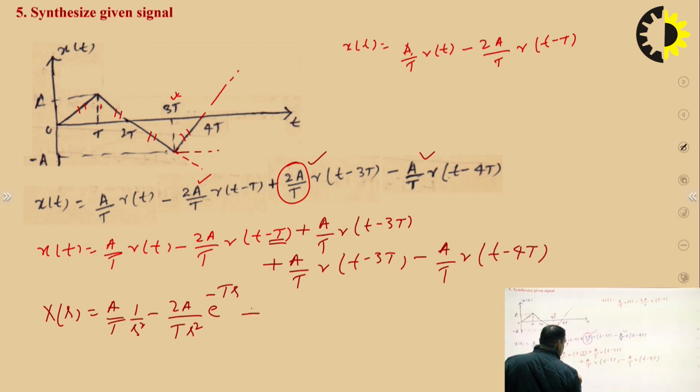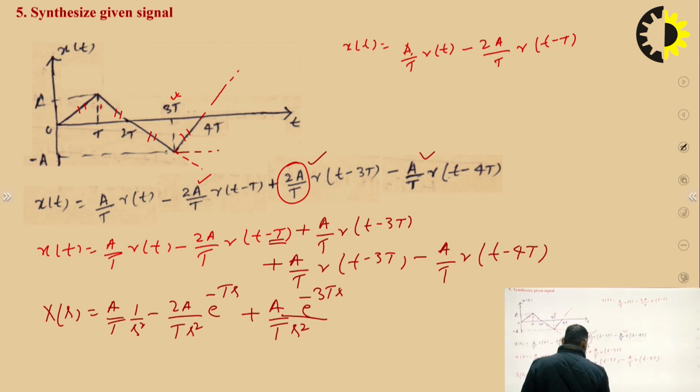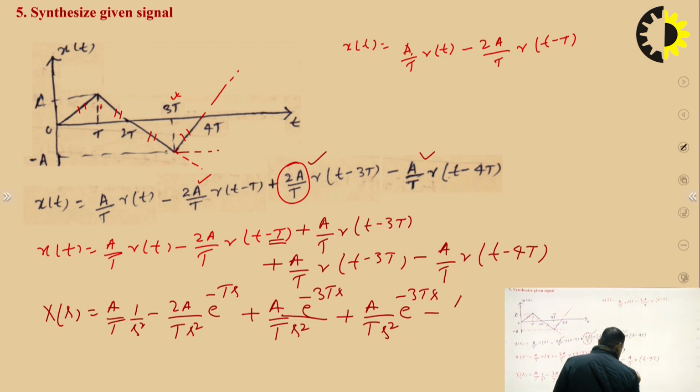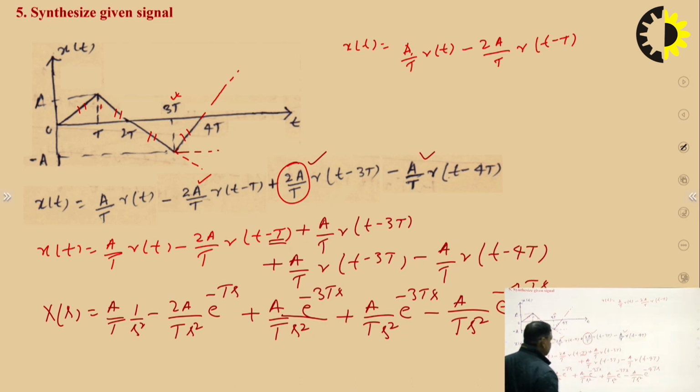Then come to the third one, plus A by t s square e to the power minus 3ts, plus A by t s square e to the power minus 3ts, minus A by t s square e to the power minus 4ts. So this is the Laplace transform of this function. So what you have to do, if the function is given, try to write it in terms of unit step and ramp function, and then take the Laplace transform.